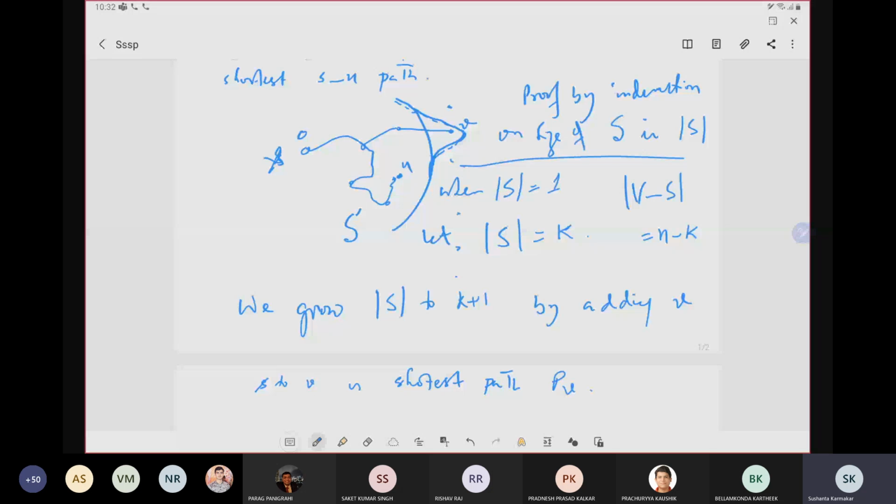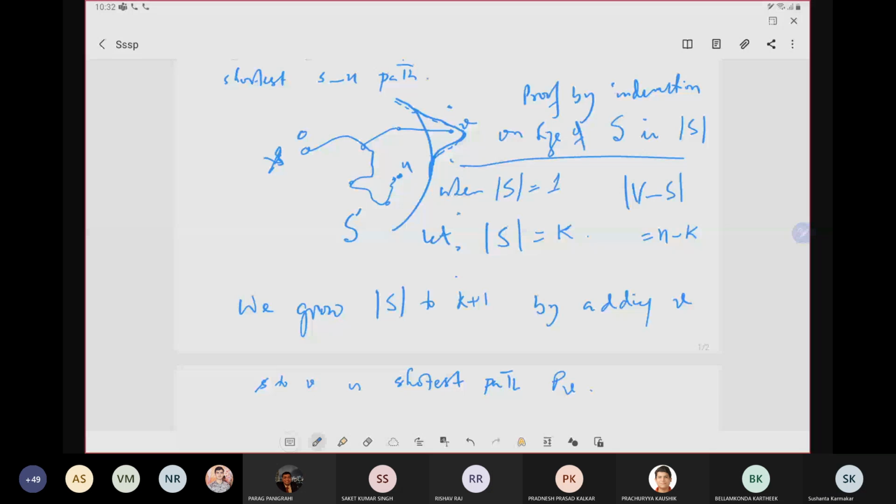Because S to U prime and S to U double prime are already shortest, now if you remember why I chose this V according to the algorithm, it is because the distance of U prime plus the cost of U prime comma V must have been less than or equal to the distance of U double prime plus the cost of U double prime comma V. This must have been smaller than this for any such case.